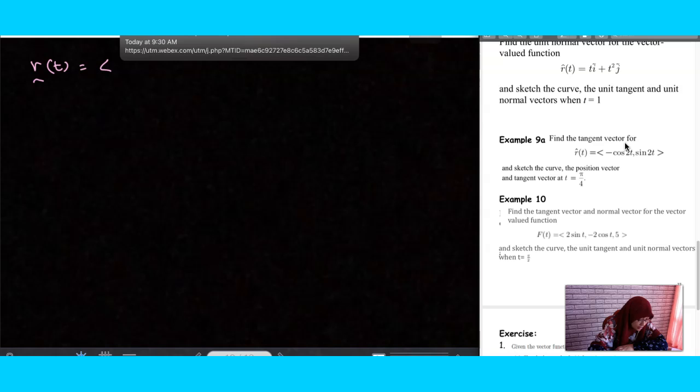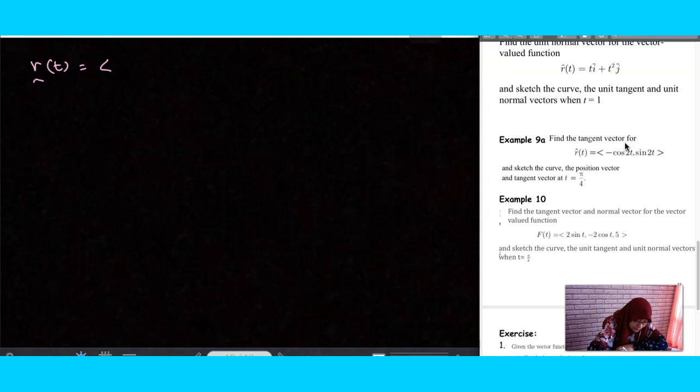Okay, vector r is given by 2 sin t. Sorry, it should be this one: negative cos 2t and then sine 2t. Sketch the curve, the position vector and tangent vector.